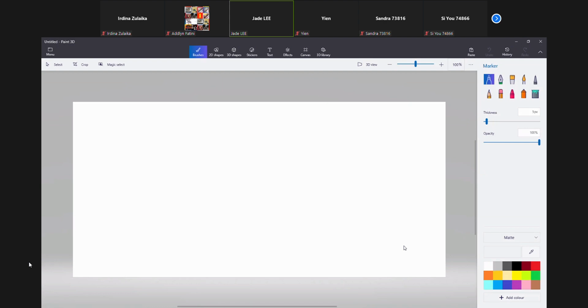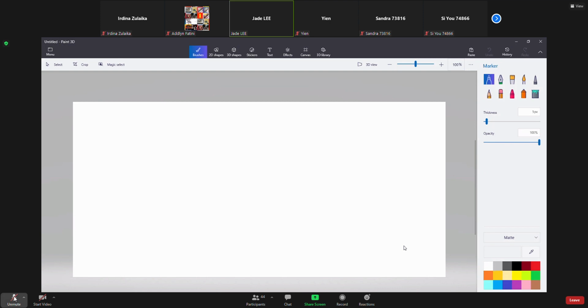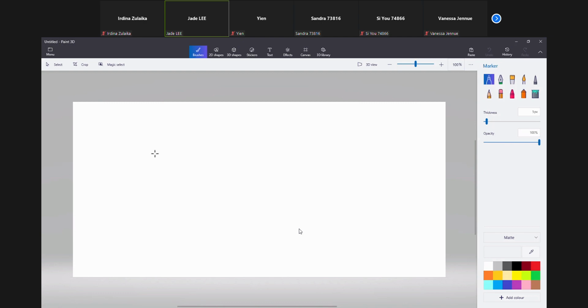Do you know how Dolly was created? Cloning. Do you know how the cloning was done? No idea, right? Okay, let me show you something. Can you see my screen? Yes. Okay.